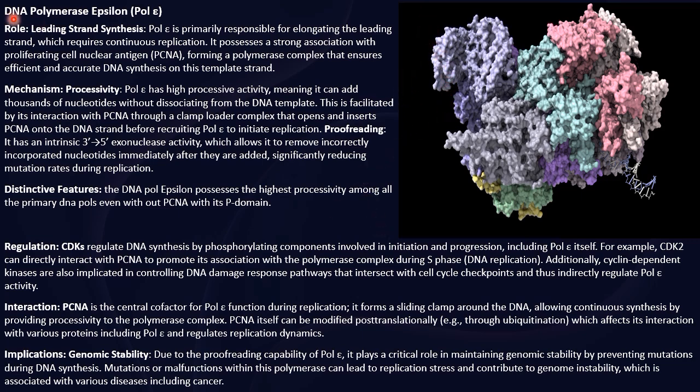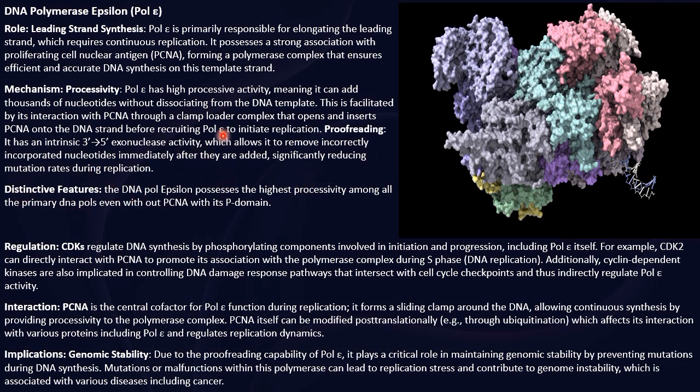And also, DNA pol epsilon possesses proofreading activity. That is, it has an intrinsic 3' to 5' exonuclease activity, which allows it to remove incorrectly incorporated nucleotides. That is, it removes incorrectly incorporated nucleotides immediately after they are added, significantly reducing the mutation rate during the replication process.